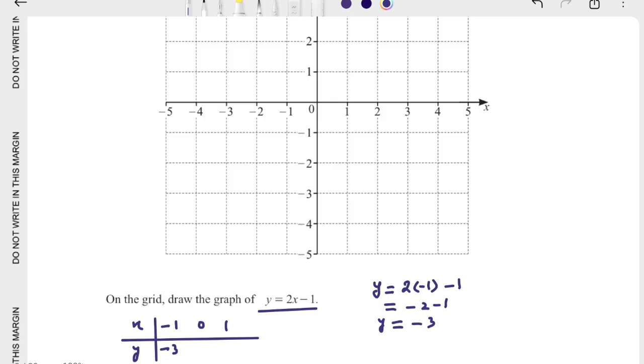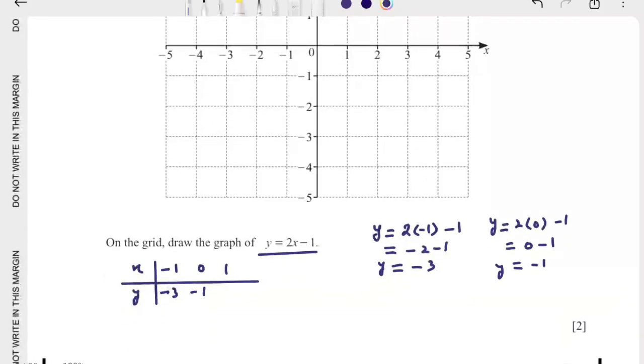Now substitute 0. y equals 2 times 0 minus 1, 0 minus 1, and it would be minus 1. Now substitute 1. y equals 2 times 1 minus 1, 2 minus 1, and this is 1.